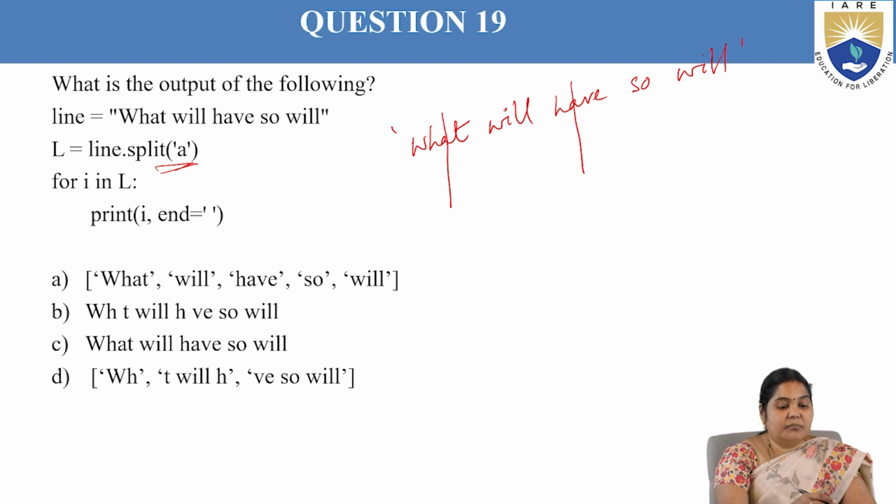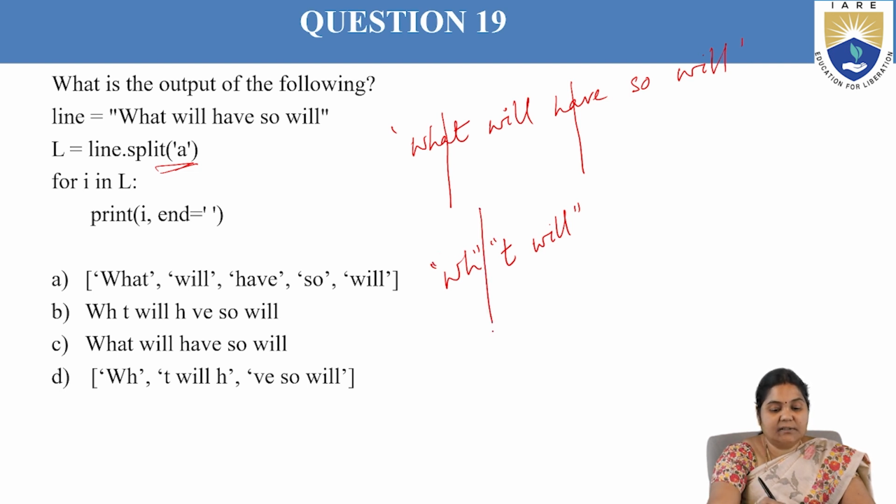Then for I in L, after splitting, you are printing that. So what is L? L is not a list at all. L is a string. What does it contain? It contains WH. Then it contains T space will as the second one. This is one split.